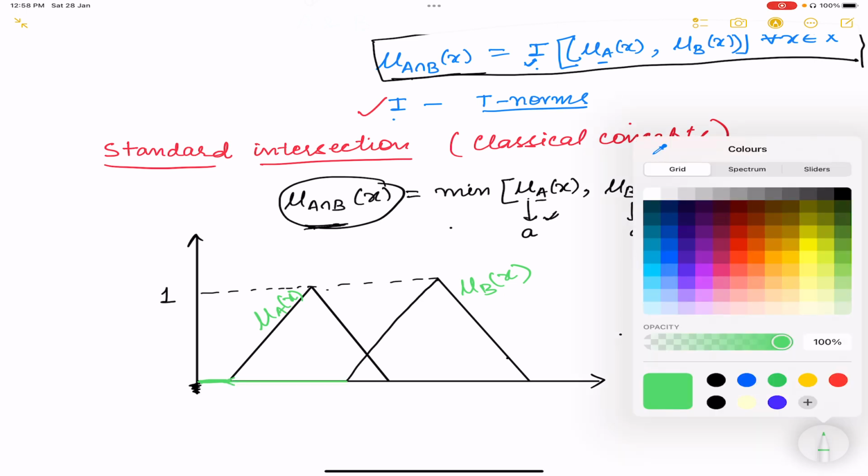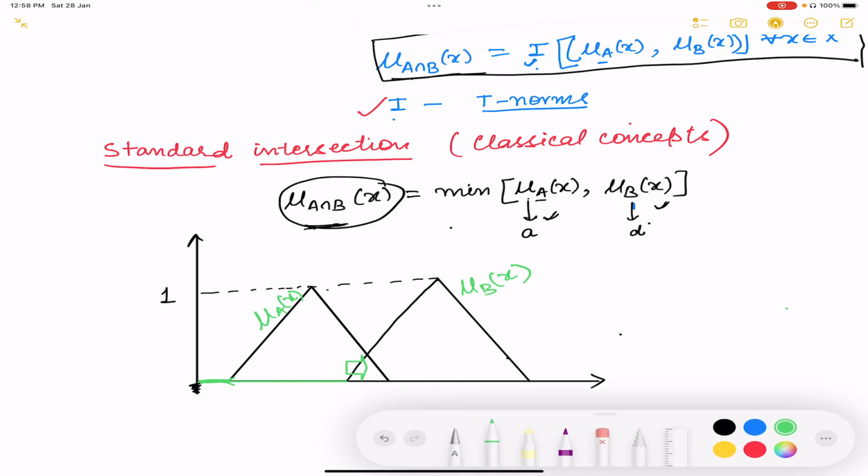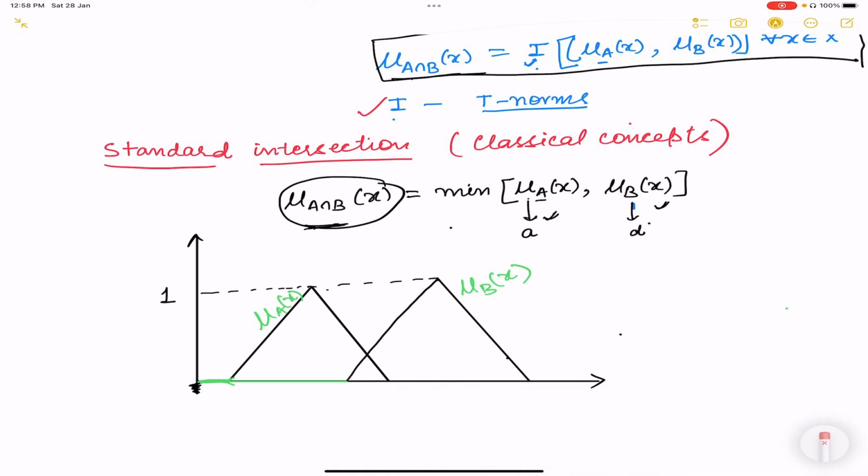And the minima then again is taken by mu B(x), and then it will go like this. In this interval, the minimum value will be this. Further, the minimum value is taken by mu A(x). So this will be the graph represented by the green line. This is basically our mu A intersection B(x).